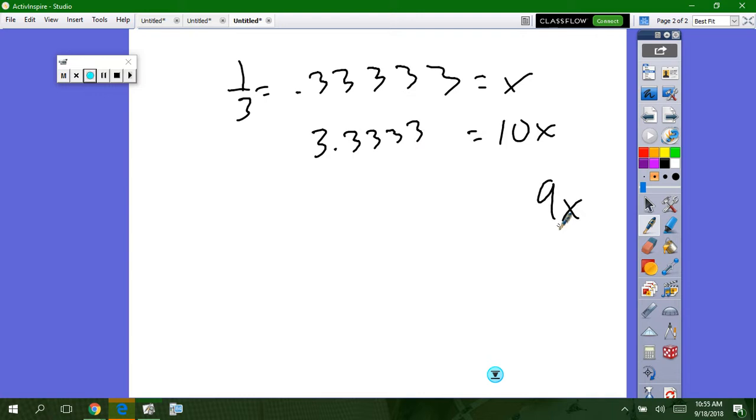What's 3.33333 minus 0.33333? That's why we can do so. Pretty cool, huh? Anybody ever showed you that? You want to see another one?